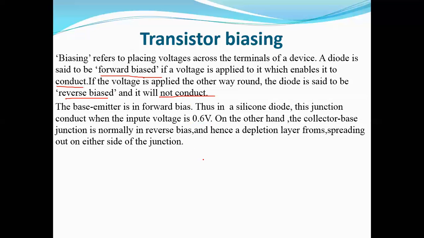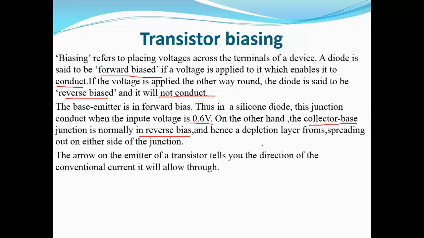On the other hand, the collector base junction is normally reverse biased, and hence there is a depletion layer formed, spreading out on either side of the junction. So there is no conduction between the collector and base, but there is conduction between the base and emitter.